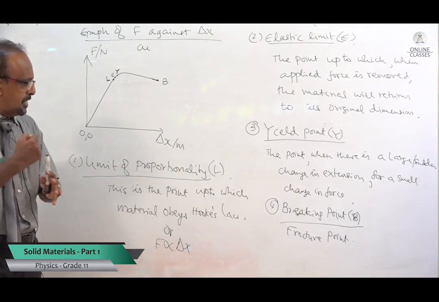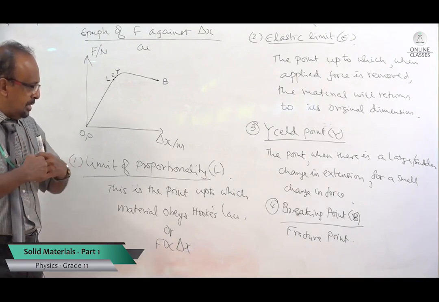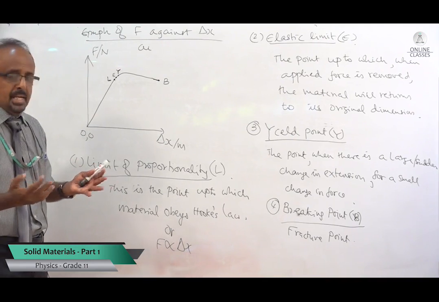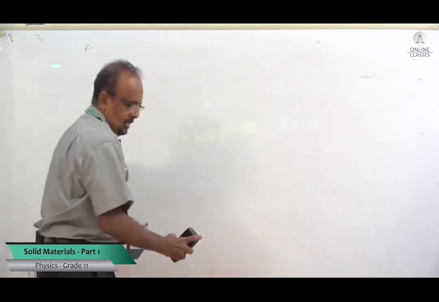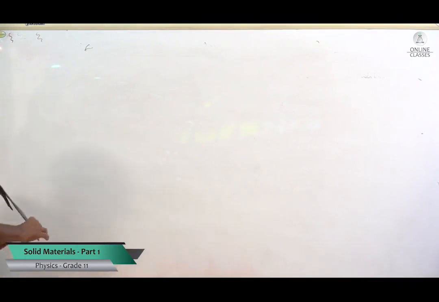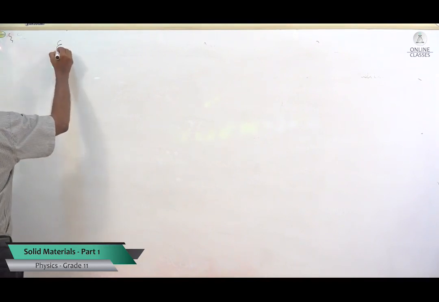When you apply force and go on, there will be a point where the material will get fractured and it will break. That is what we call breaking point. So then we have learned the more important definitions. Now we'll go to the experiment.